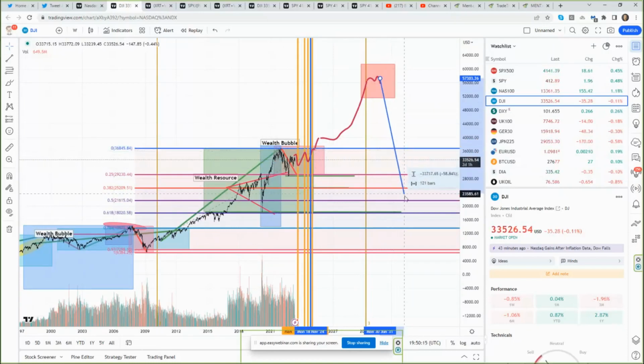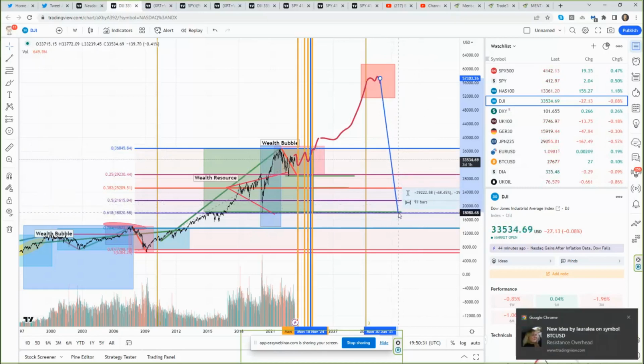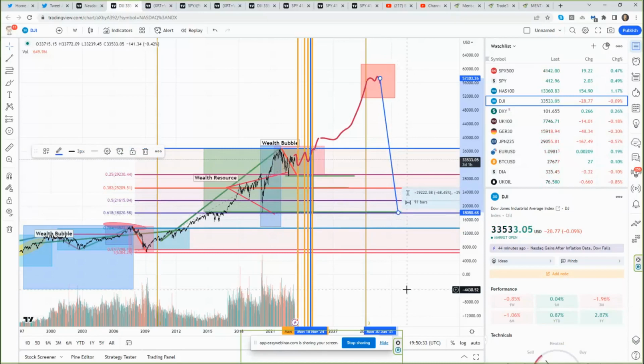or possibly 62%, which will put us down in here, right in this area near the 2018 lows, December lows, or ultimately, and this is the real scary part, ultimately the 2015 highs back down here, 68%.